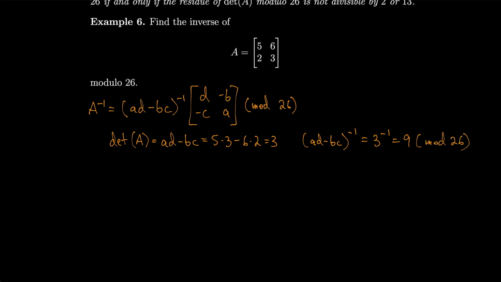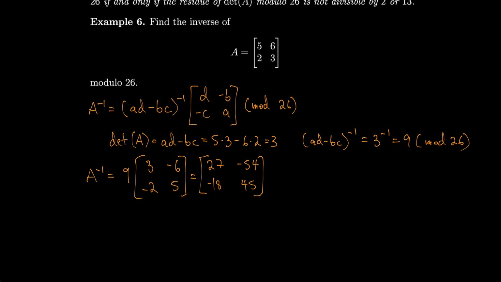It's a good thing we calculated that earlier, because otherwise we'd have to go through all those numbers from 0 to 25 to try to figure out what the inverse was, if it even exists. Okay, so now we have A inverse equal to 9 times [3, -6; -2, 5], just by plugging into our formula. Multiplying through, we get 27, -54, -18, 45.